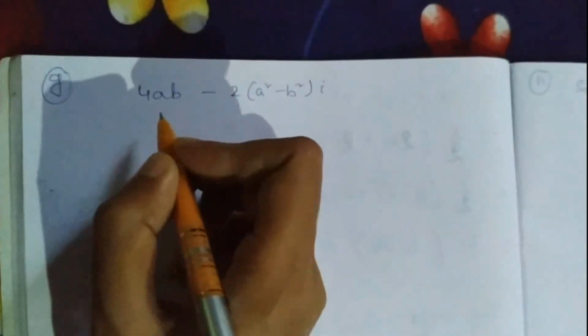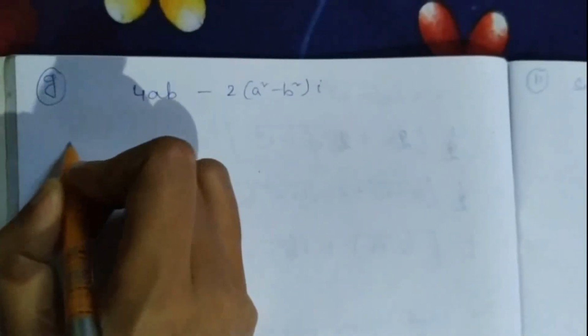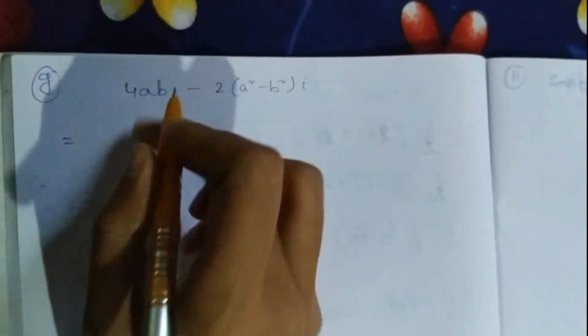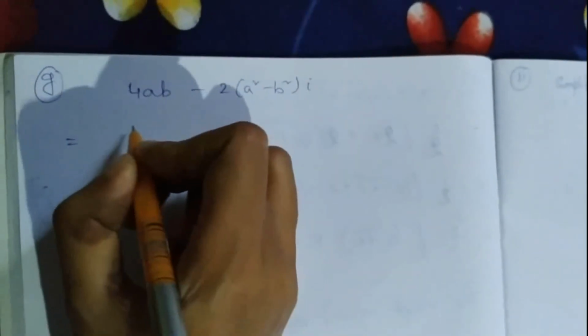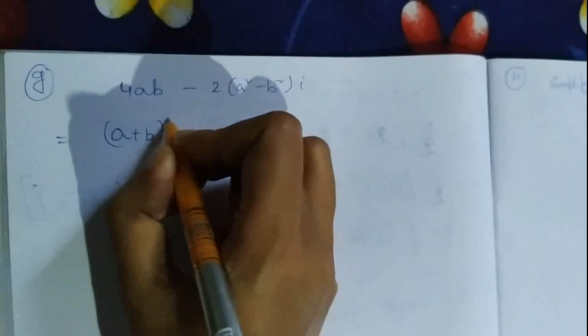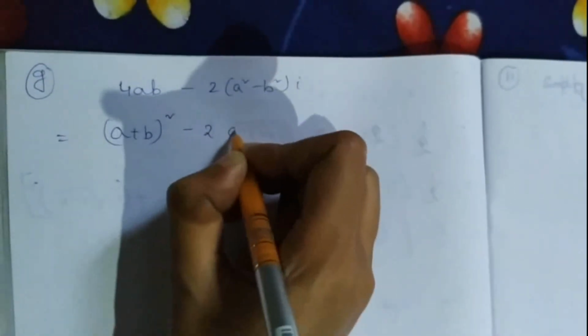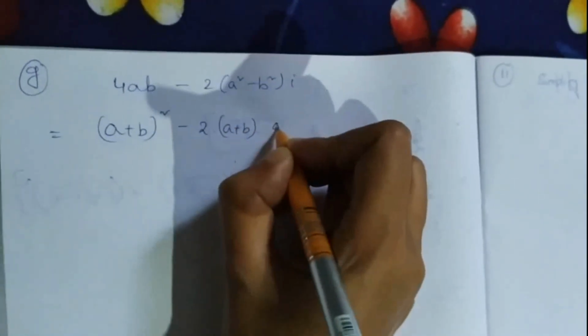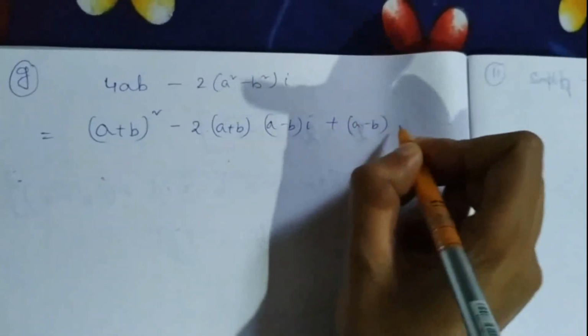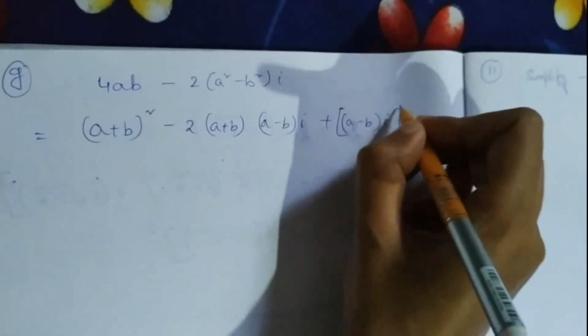Number G. Number G is your a plus b whole square minus 2 into (a plus b) into (a minus b) into i plus (a minus b) into i whole square.